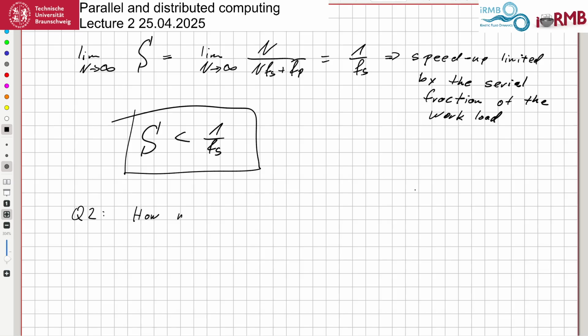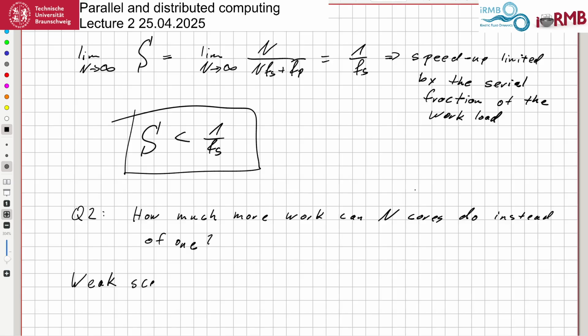How much more work can n cores do instead of 1? So now there's a different scaling that we call weak scaling.